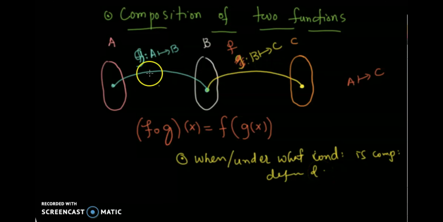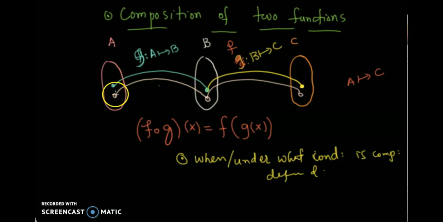Suppose g is taking an element from here and it is throwing it here. Now what will f do? It will pick this element and will throw it here. The question is, can f always pick this element? The answer is no. If this element is out of the domain of this f, then f cannot pick this element and throw it to C. So in order to fulfill this, the element has to be in the domain of f.